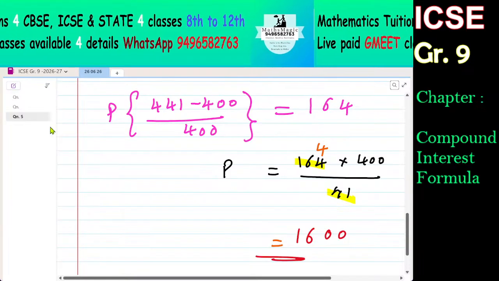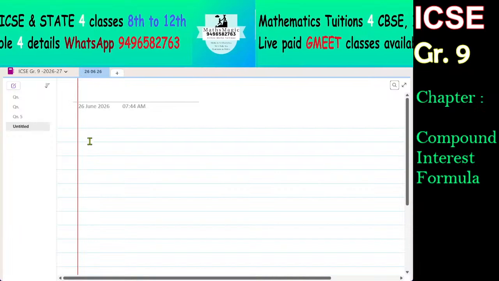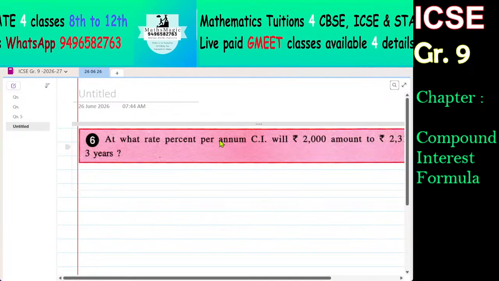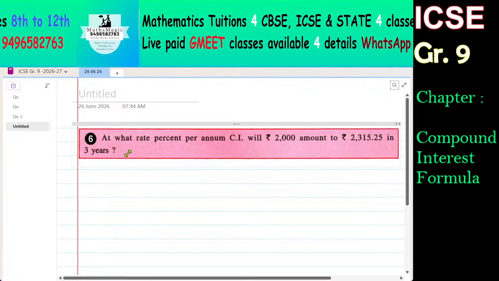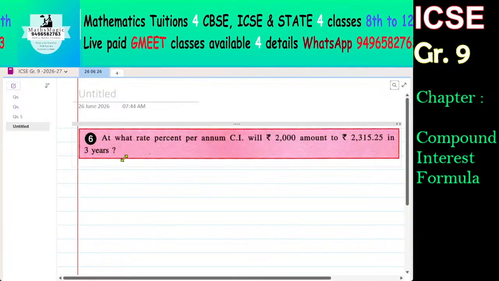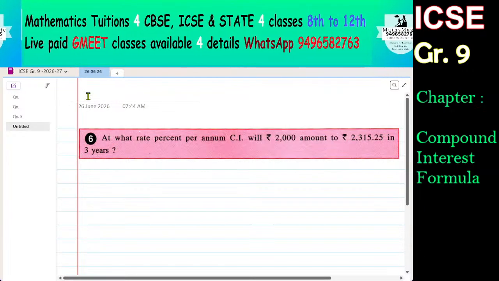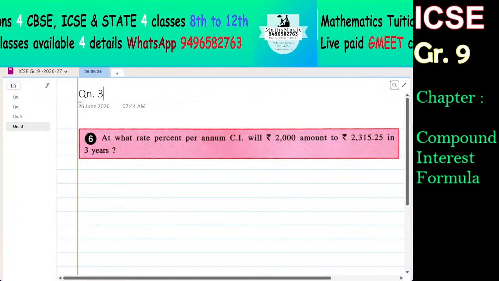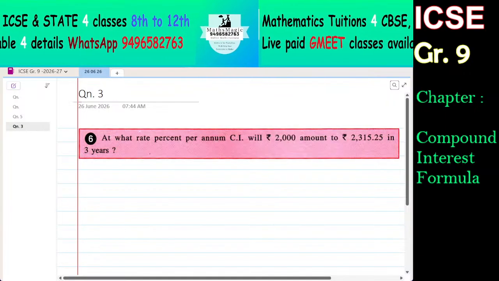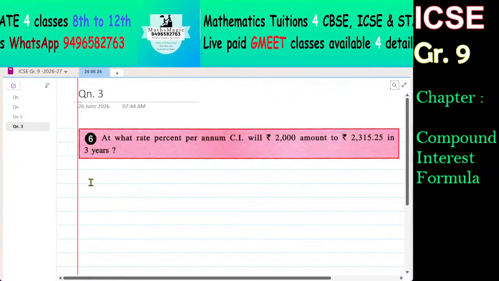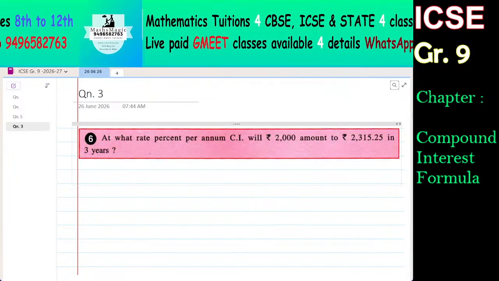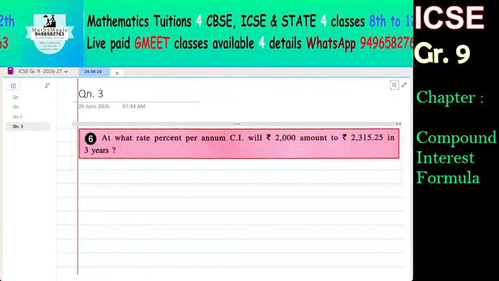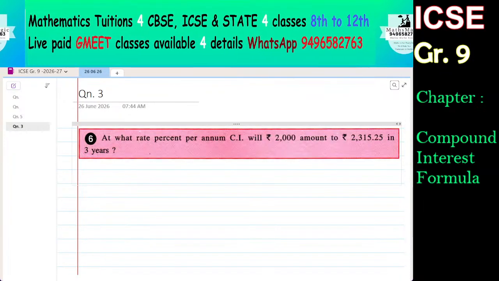The level of difficulty will increase a little bit more if you are asked to find the rate percentage. You should be very careful in simplification and expressing it as a power of the year. That you will learn in doing this. You will use the same formula. You need to simplify it very carefully.